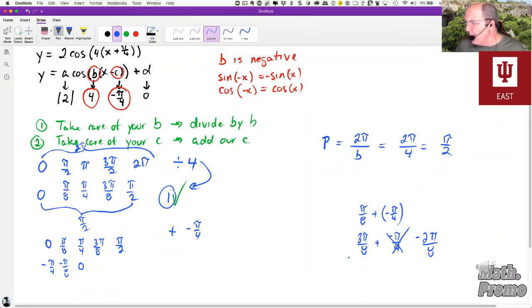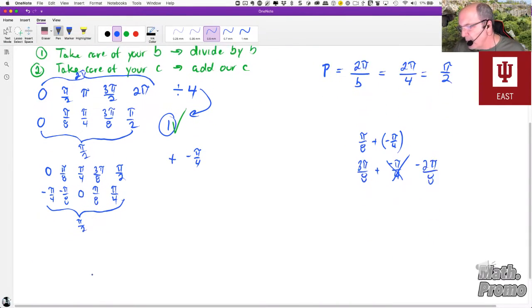So it's 3 pi over 8 minus 2 pi over 8. Well, it's pi over 8. And then finally, pi over 2 minus pi over 4, or plus negative pi over 4, it's going to be pi over 4. And by the way, still note that the entire set of key points is pi over 2, which is our new period.